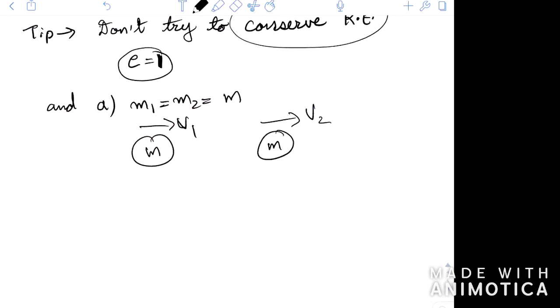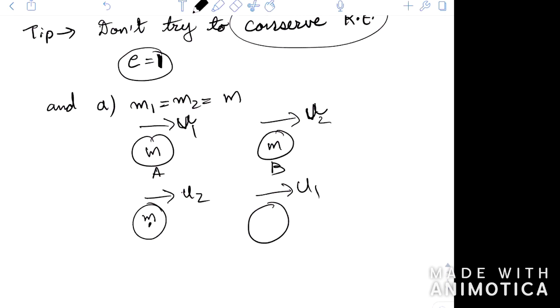Finally, this will have velocity u2 and this will have velocity u1. So the velocities get exchanged. If the masses are the same and there is an elastic collision, then the velocity gets exchanged.